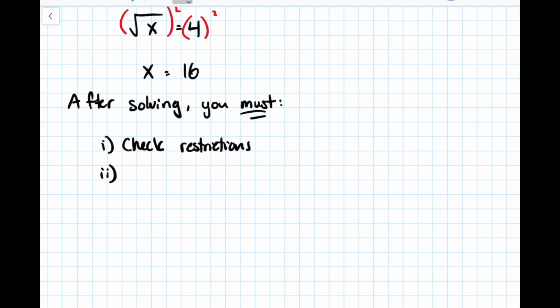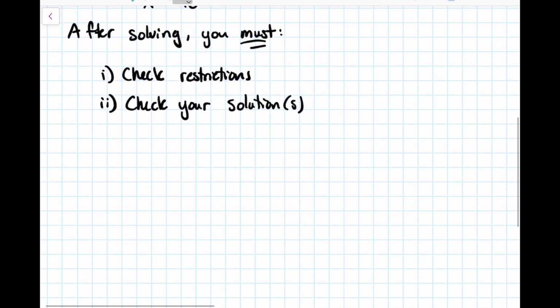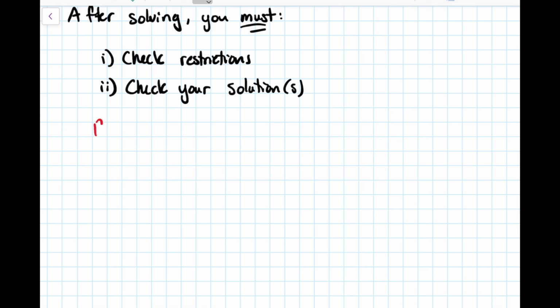And then second, we need to actually check our solution to make sure it works, because there are going to be some cases in this chapter where we're going to find some solutions, and even though they look like they work, they actually won't. So we'll talk about that once the situation arises. For now, let's look at this particular equation, figure out what our restrictions are, and check our answer.